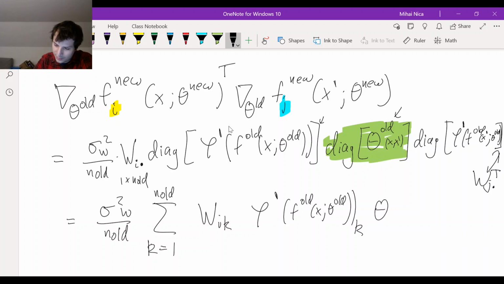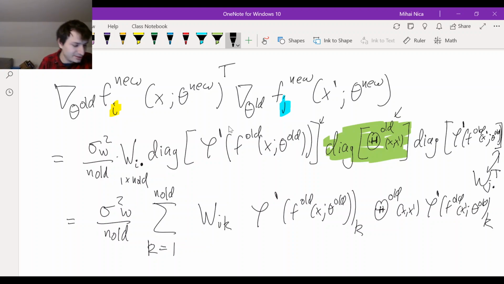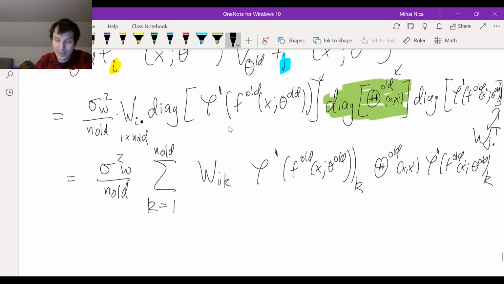Then you have capital theta old of x prime, phi prime of f old x prime theta old with a k, so the kth component of that, and then you multiply by the weight matrix over here from the jth row. So this is w_ik, and then you have w_jk.